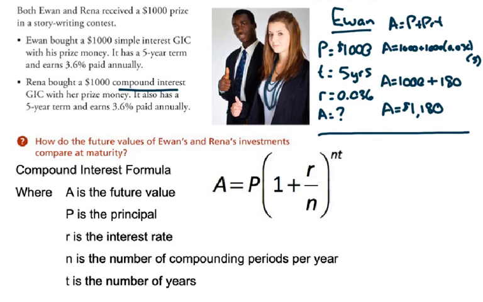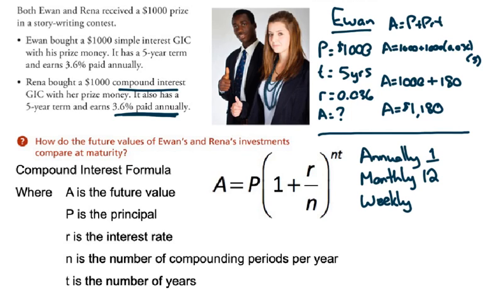So looking at Rena back over here, her interest is again still 3.6% paid annually. Now we could have interest paid annually, which means it is paid once per year. Could have interest paid monthly, which would be 12 times per year. Weekly would be 52 times per year, and yes, I know there's not exactly 52 weeks in a year, but for the purposes of these calculations we're going to use 52.